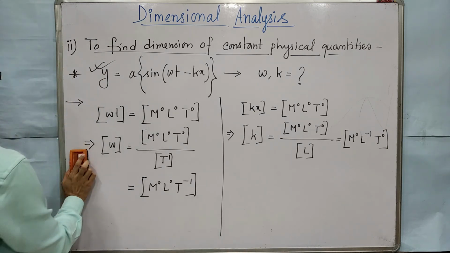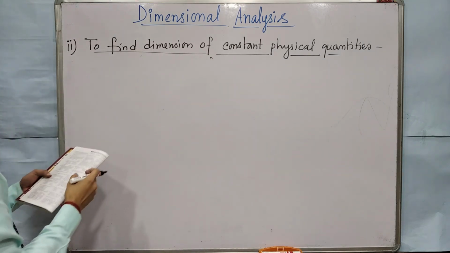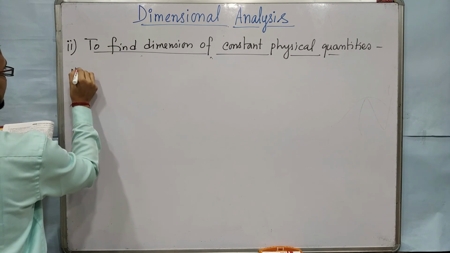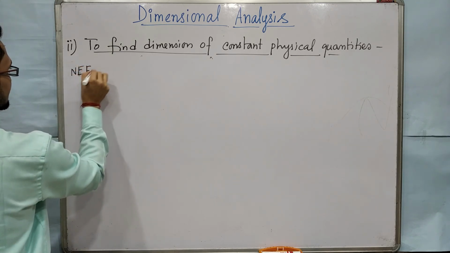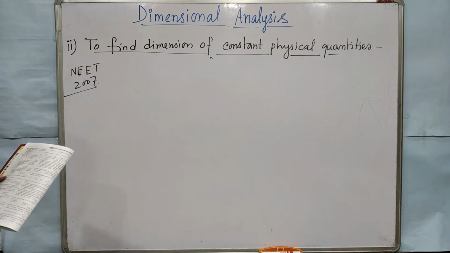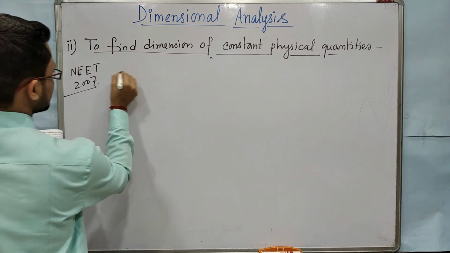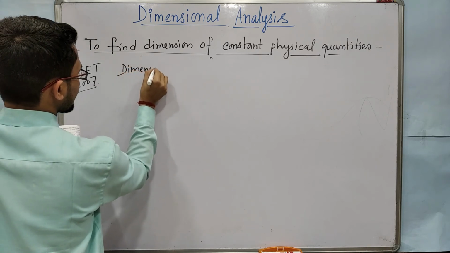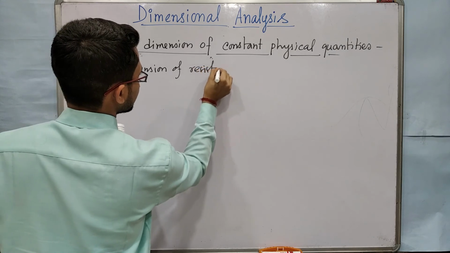Another and last problem we will see in this lecture. It is a question of NEET 2007. Here you have to find the dimension of resistance. Resistance you have already read.